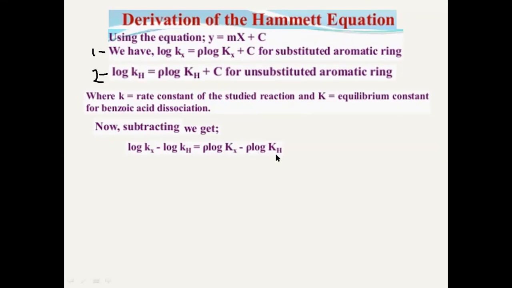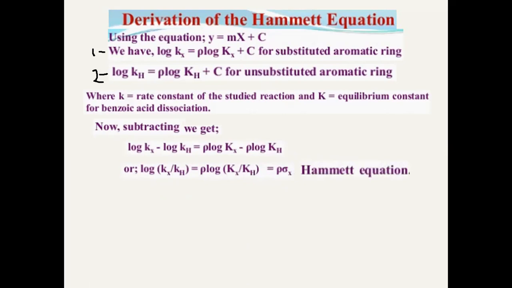You got it? If you condense this equation, we can get log kx upon kh equal to sigma times log kx upon kh, and that is equal to rho into sigma x.